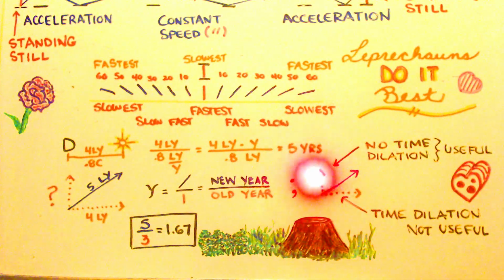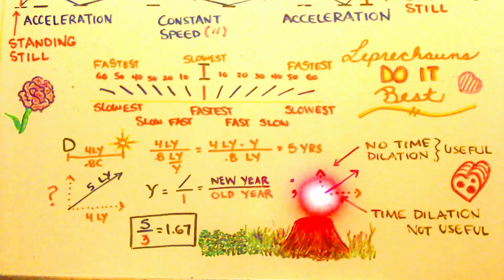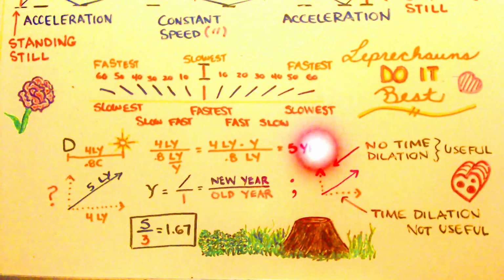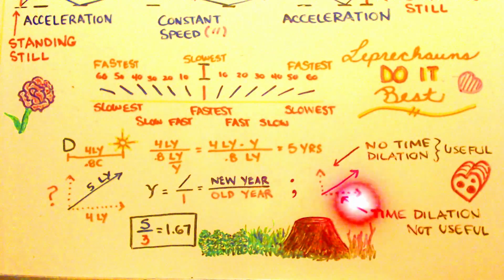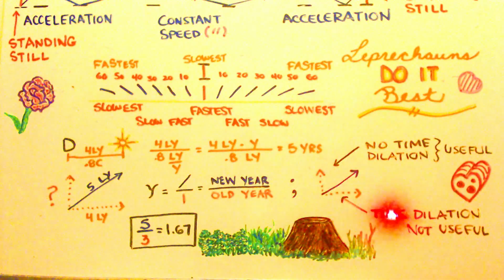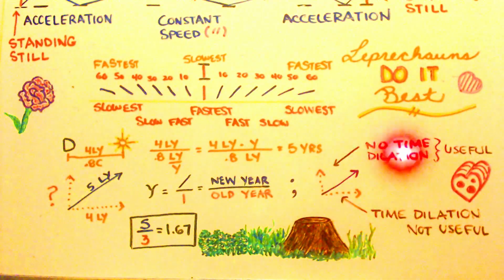The y component, you were going to do that anyway when you were standing still. This is useful. You are transferring information with your information carriers. So you get no time dilation. A second is as short as it can be. It's a regular second. But this here, the x-axis, causes your time dilation. This is not useful. Okay, they're both useful, but they're not both useful when it comes to transferring information.